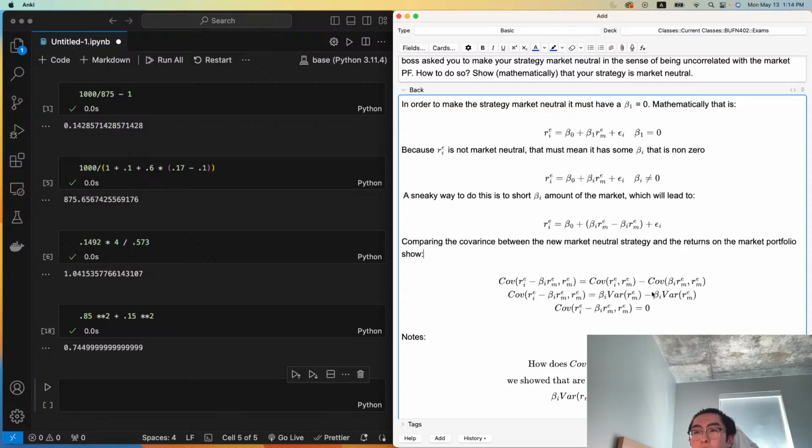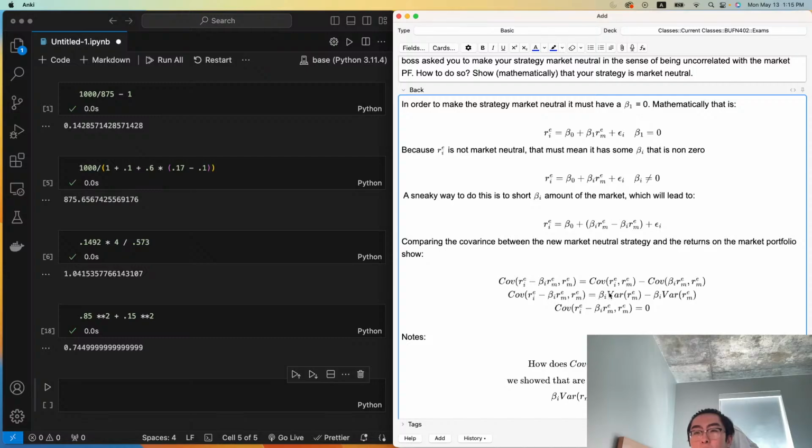You can bring out the beta, so the beta is just scaling things. And this leaves us with just the variance of the market. This right here is the same thing as beta_i times the variance of the excess return on the market.